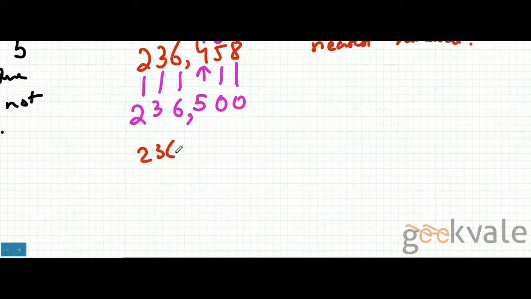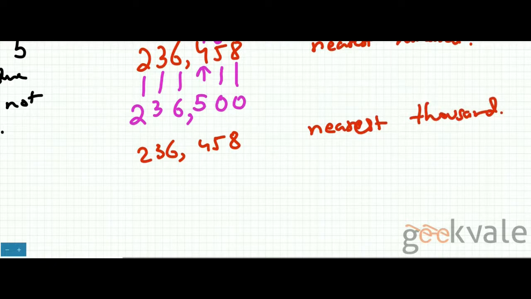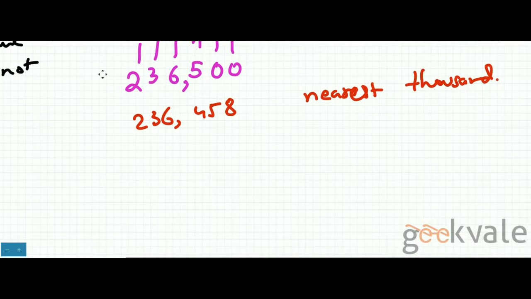Let's take the similar number again, 2, 3, 6, 4, 5, 8. This time, let's try to round it to the nearest 1000. First of all, we'll locate the number which is at the 1000 place value. That is 6.